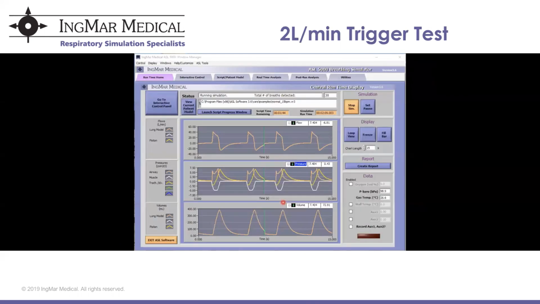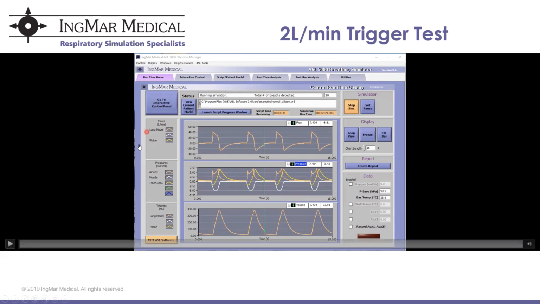So when we run this with this setting of 2 liters per minute sensitivity, we will be getting the view that is here on our software, very similar to what you might see on your specific ventilator. We have flows, then we show pressures, and we show the volume.